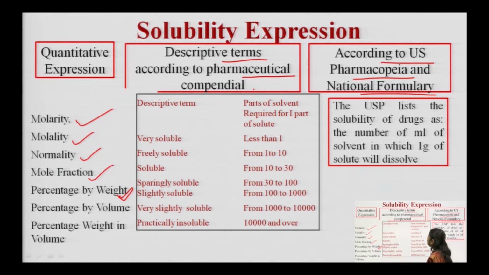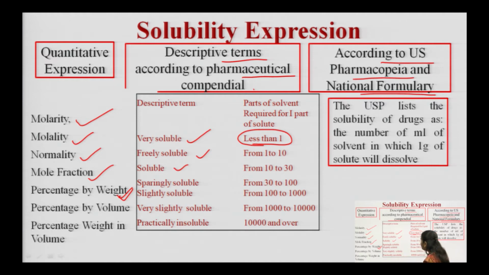Then comes the descriptive terms. These descriptive terms are basically used for those drugs whose solubility is unknown. The solute is termed very soluble when it requires less than 1 part of the solvent to dissolve 1 part of the solute. The solute is called freely soluble when it requires 1 to 10 parts of the solvent to dissolve 1 part of solute.